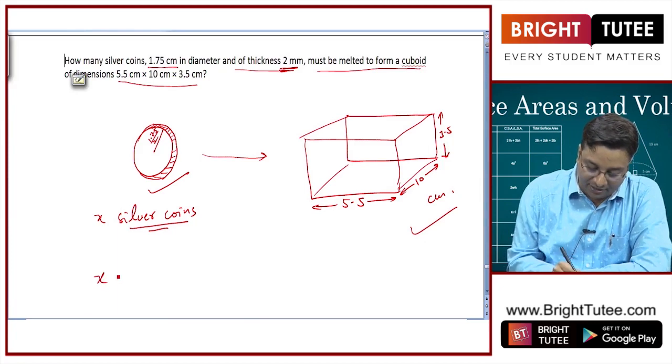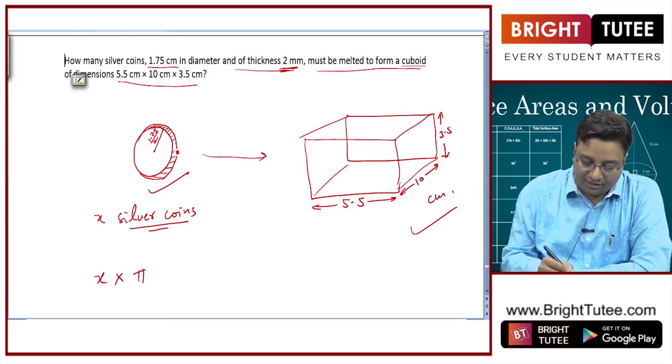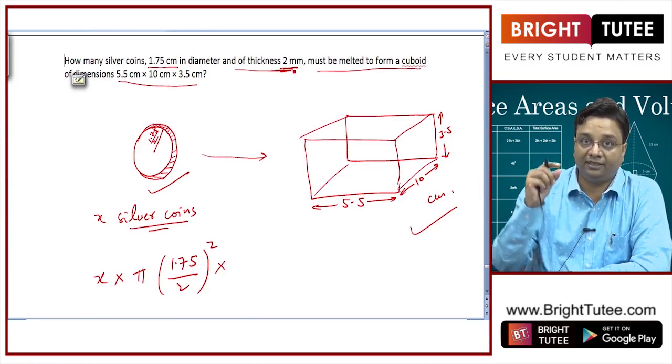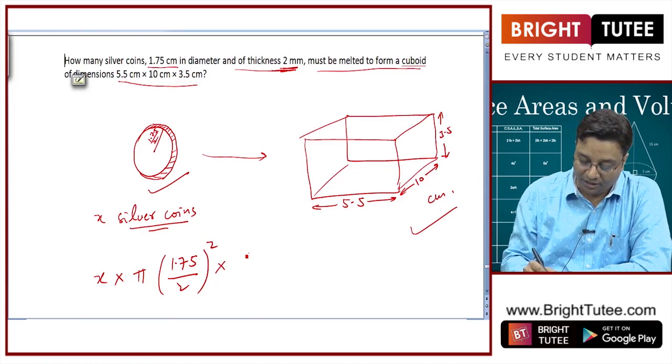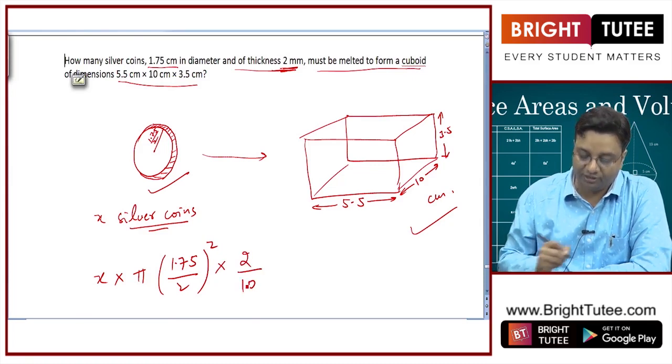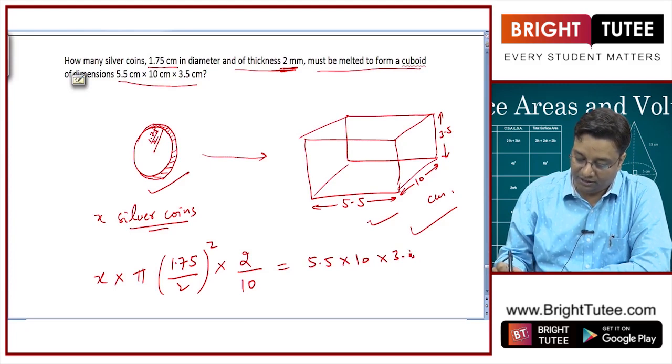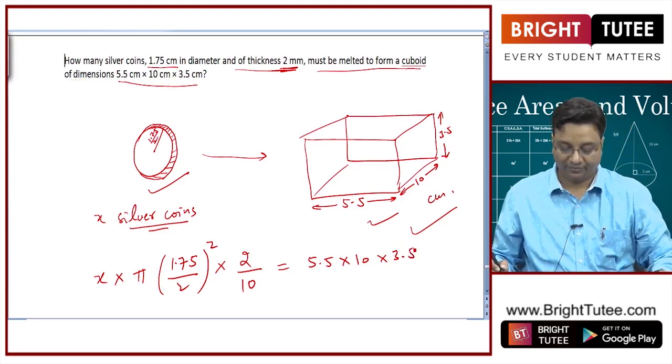So x into, this is cylindrical shape, pi radius square into height, which is the thickness, 2 mm. I'll write it in centimeters as 2 by 10, and it is equal to the volume of this cuboid, 5.5 into 10 into 3.5. Okay.